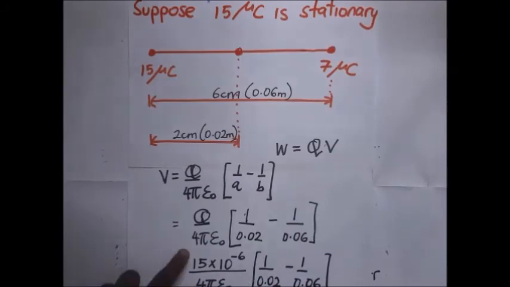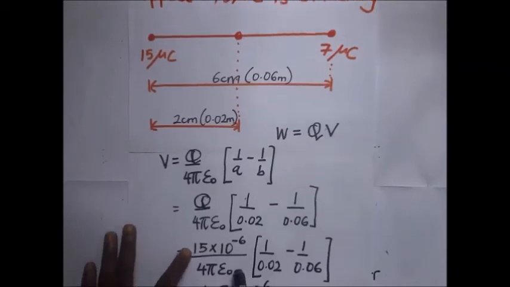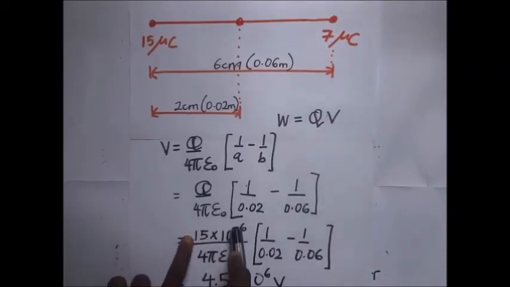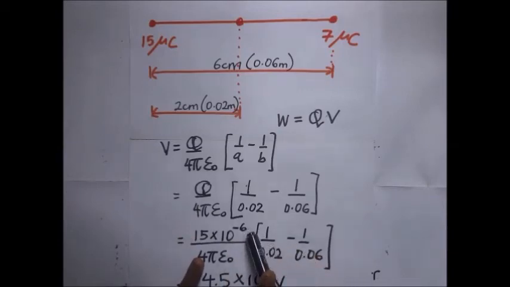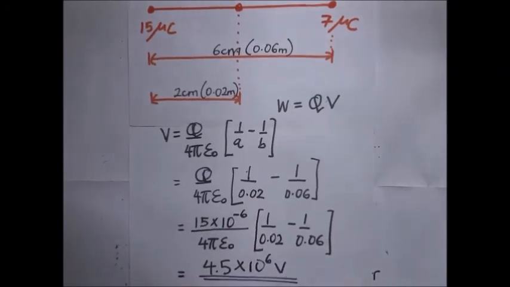We said that 1 over 4 pi epsilon naught is 9 times 10 to the power 9 according to experimental observations. So 15 times 10 to the power negative 6 times 9 times 10 to the power 9 into whatever we have in the brackets gives us 4.5 times 10 to the power 6. This is the potential difference, V, that we have gotten.